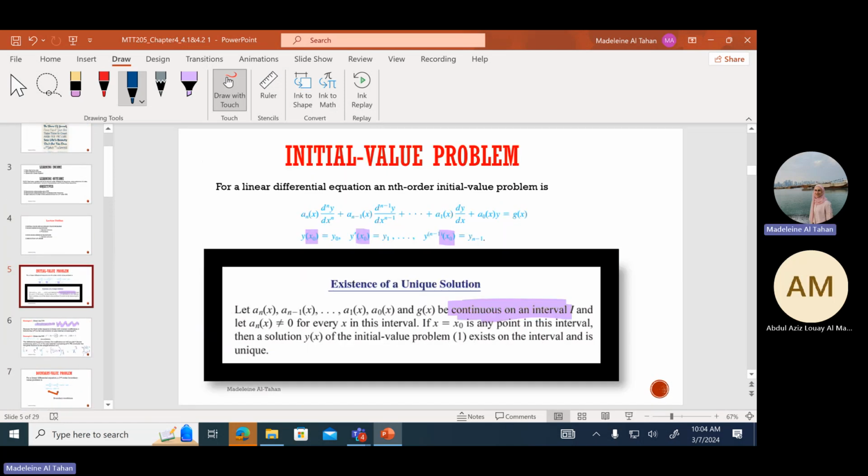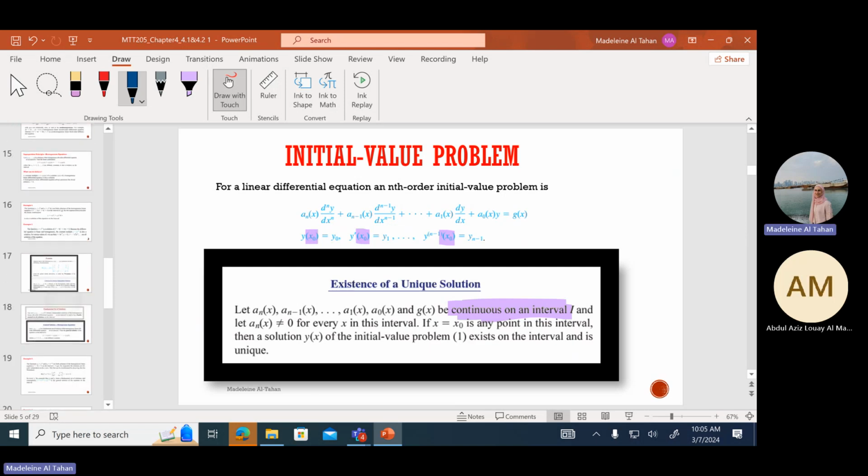If these functions are continuous and it is an initial value problem, then there is one unique solution only. For boundary value problems, does this theorem hold? It doesn't. Any questions about initial value problems and boundary value problems?